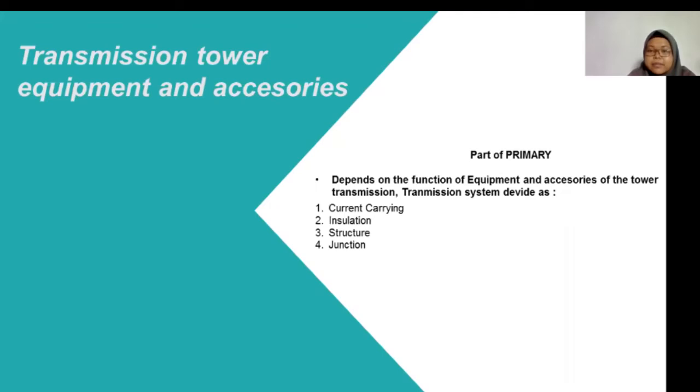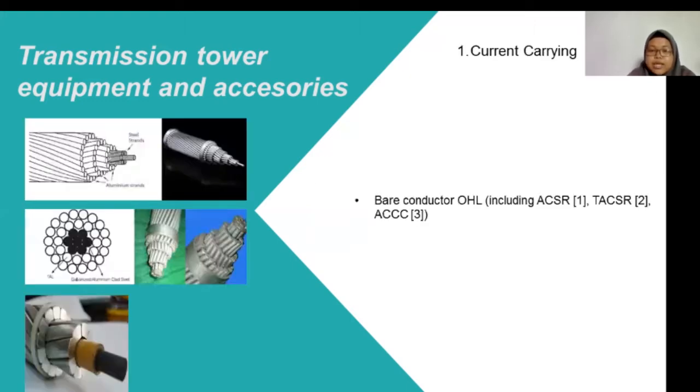Transmission system is divided into four: current carrying, insulation, structure, and junction. And now, first is current carrying function.